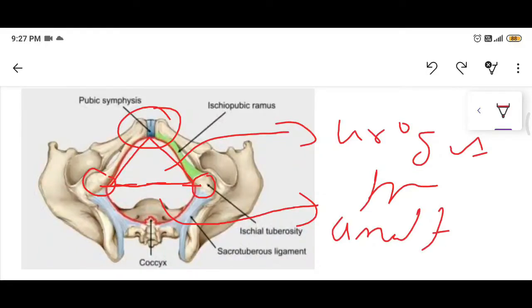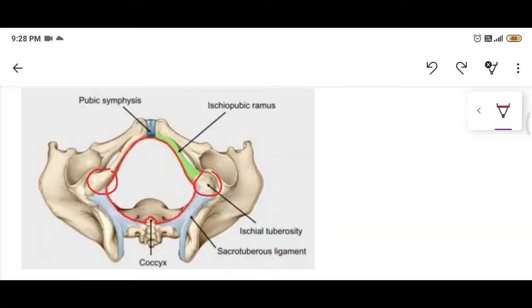The urogenital triangle will have the orifice for the urethra as well as the vagina in females, and the anal triangle will have the orifice for the anus. Now, what forms the boundary of the anal triangle as well as the urogenital triangle? This is called the ischiopubic ramus.